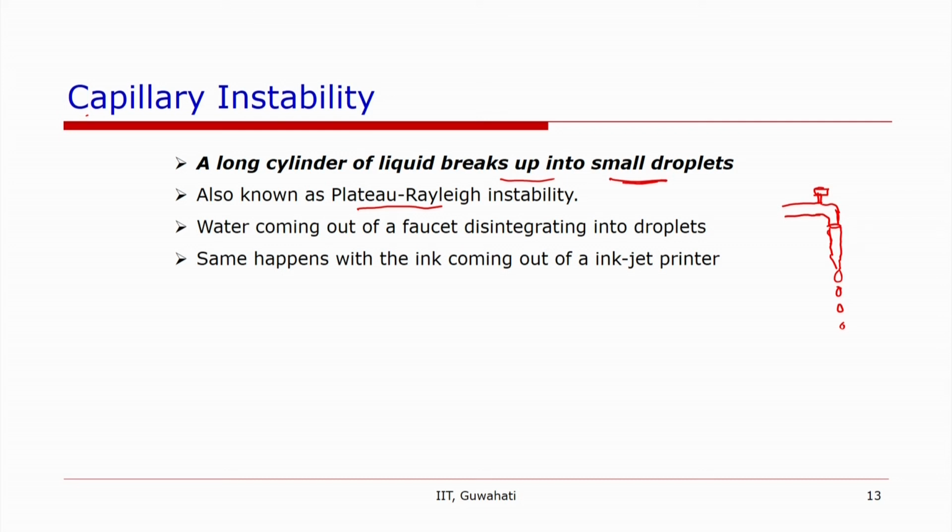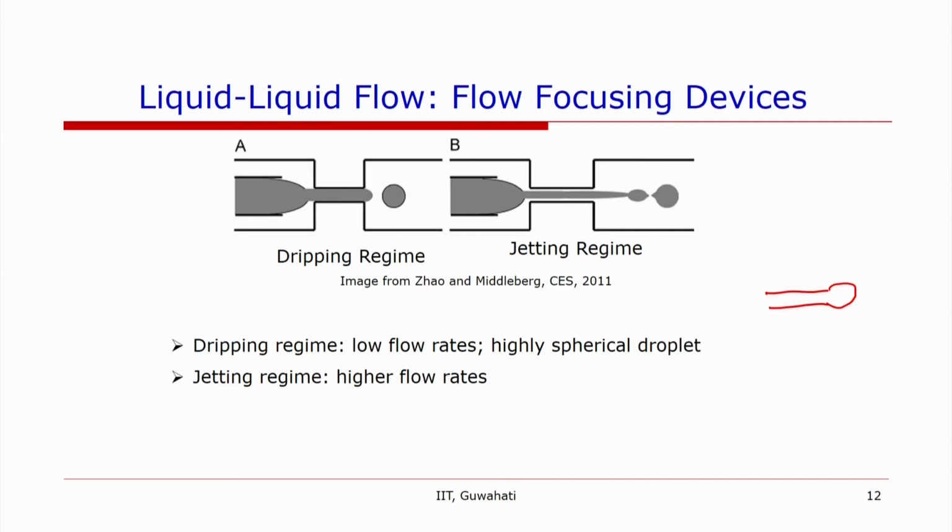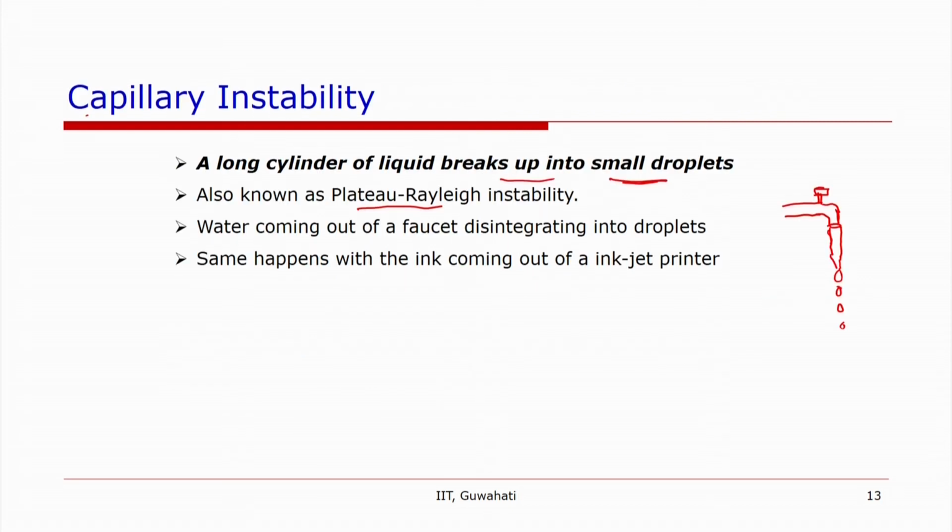So the same capillary instability might be playing a role in this regime, but the effects of viscosity and inertia also play a role in the disintegration. The similar phenomenon also happens in an inkjet printer, where one needs to generate droplets. Of course, there are active actuators also which control the droplet generation in inkjet printers.